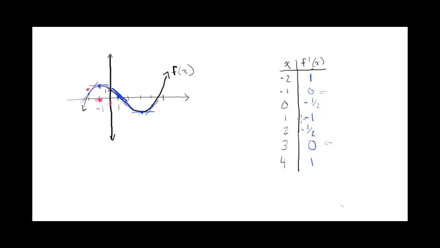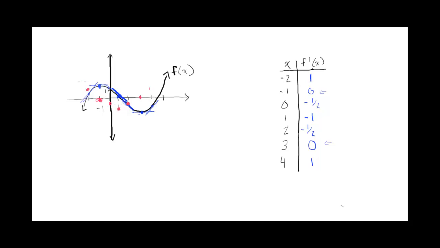And then at 1, we're at -1, should be about there. At 2, we were at -0.5, so that'd be there. And at 3, we're at 0, so that's there. At 4, we're at 1.